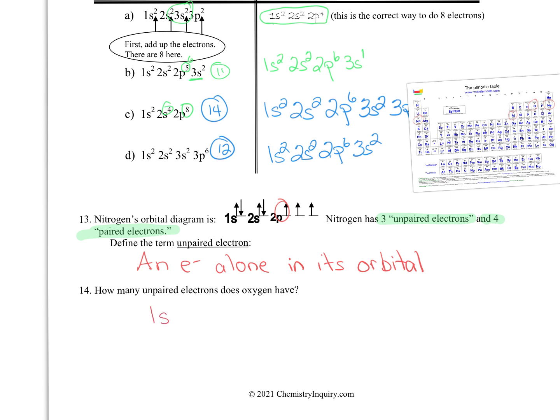You have 1s, and we put 2 there, 2s, 2 there, 2p, we've got 3 orbitals. So we have 4, and we've got 4 more: 4, 5, 6, 7, 8. So the question is, how many unpaired electrons does oxygen have? 2.